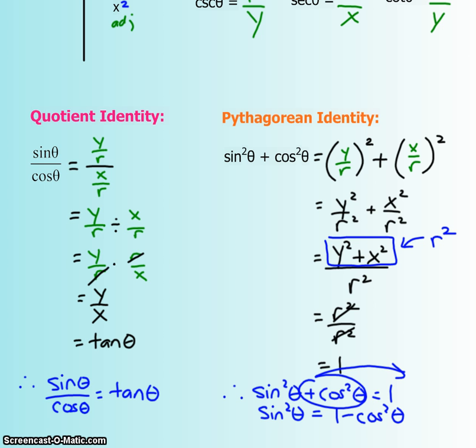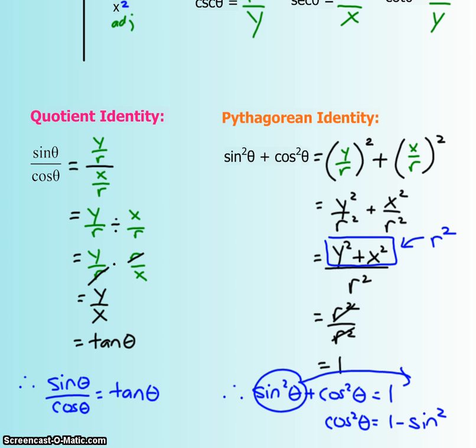So anytime in some sort of an identity that you're trying to prove, and you see sine squared theta, you can replace it with 1 minus cos squared theta. Or, if you see cos squared theta in an identity, you could always replace it with 1 minus sine squared theta.